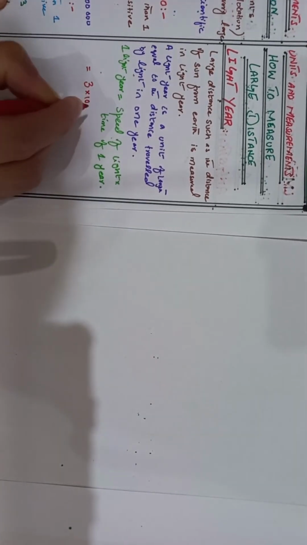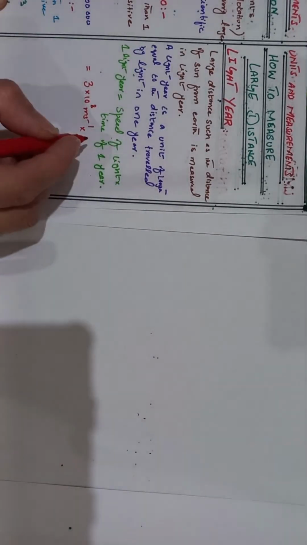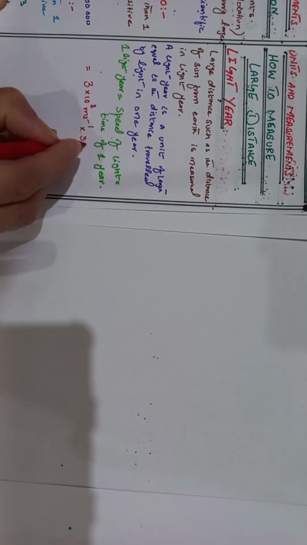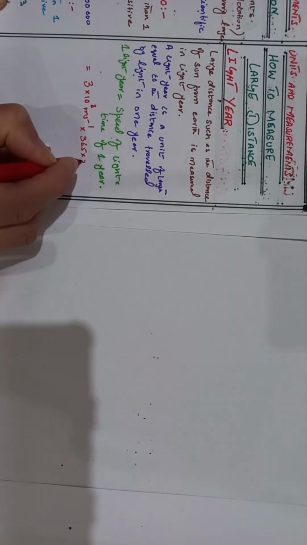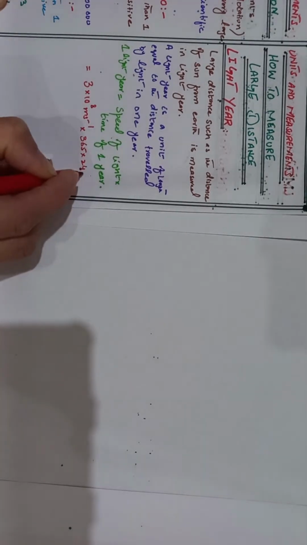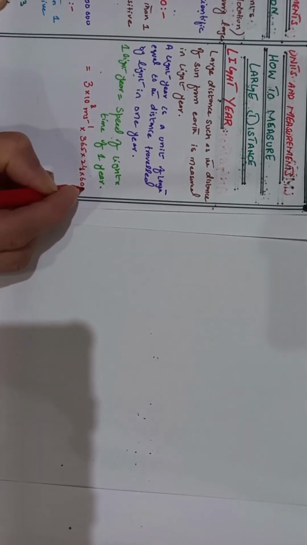We write the speed of light as 3 into 10 to the power 8 meter per second. And now we know that in 1 year we have 365 days, in 1 day 24 hours, in 1 hour 60 minutes, and 1 minute 60 seconds.